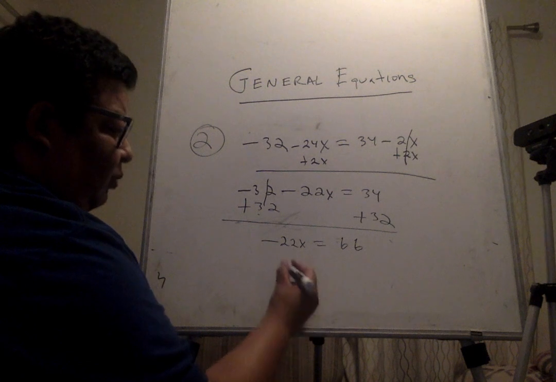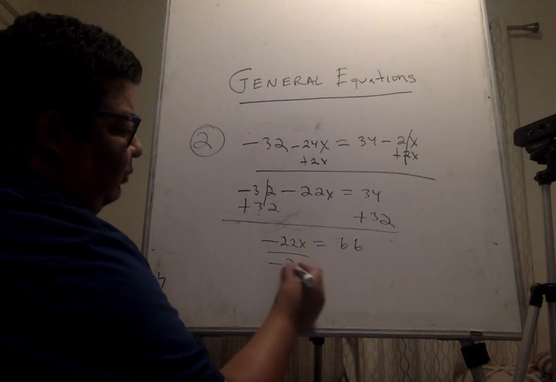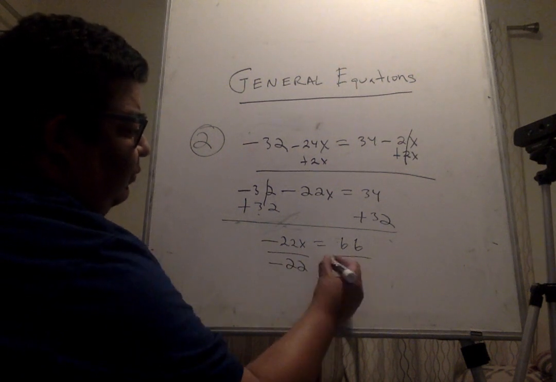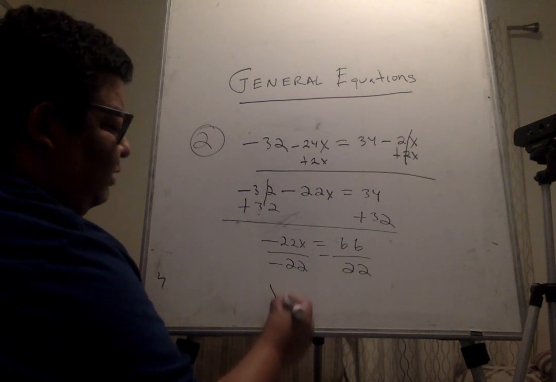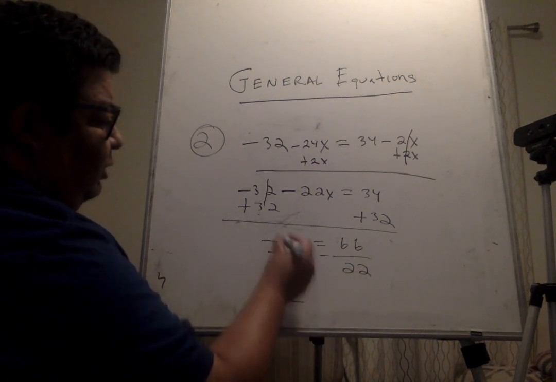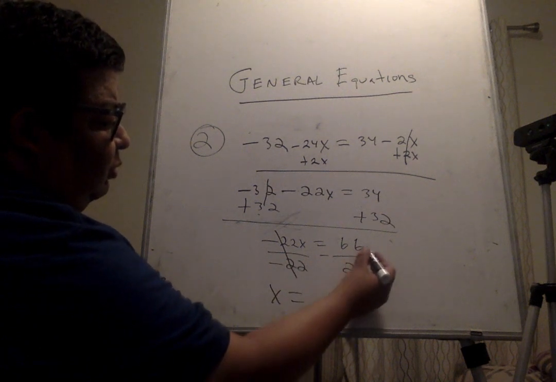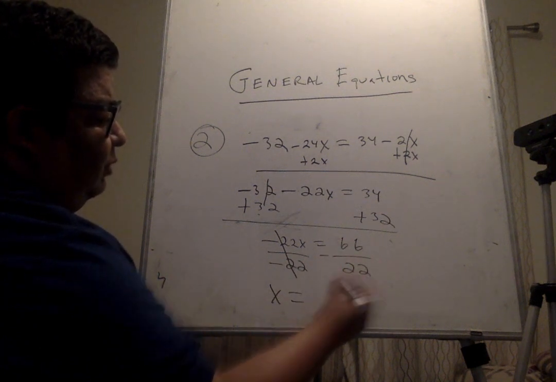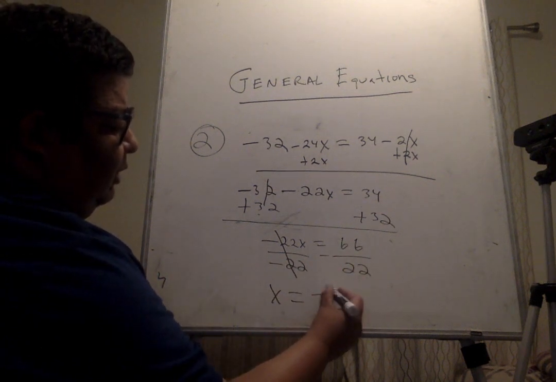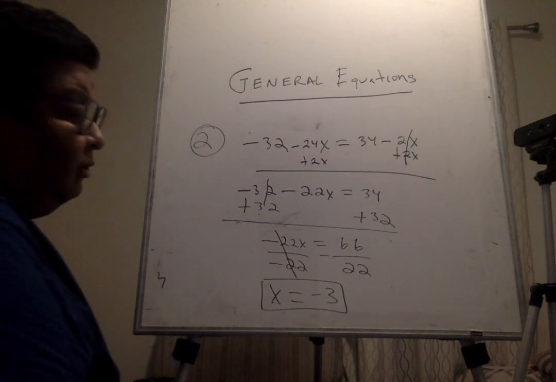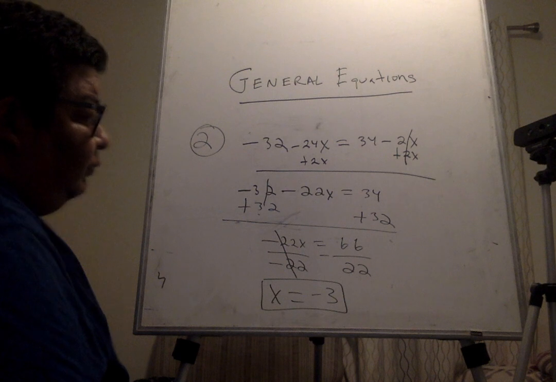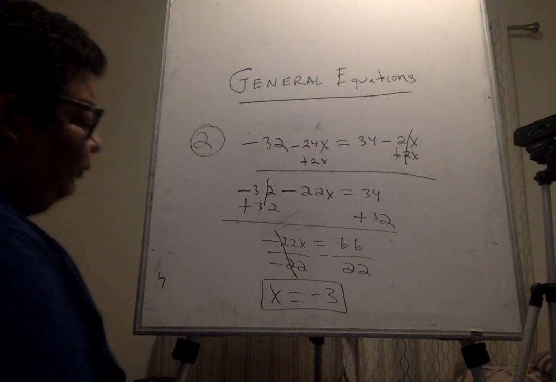The final step will be to divide by negative 22. So x equals, this cancels, so we're left with negative 66 over 22. That will be negative 3. That's our final answer. Let's go to problem number 3.